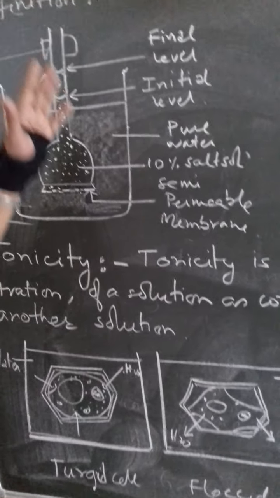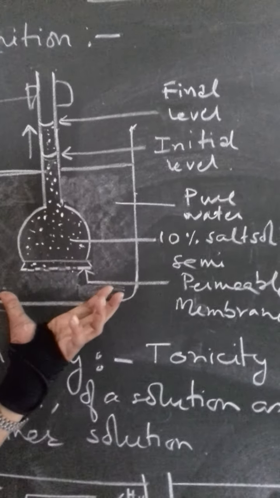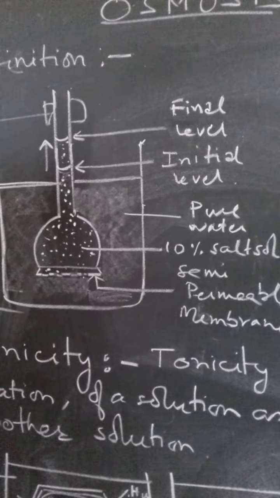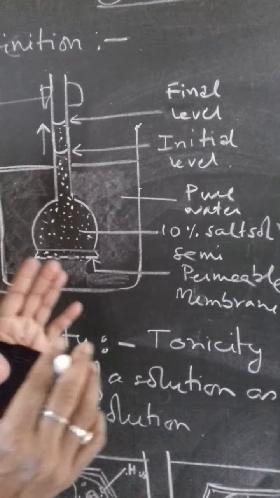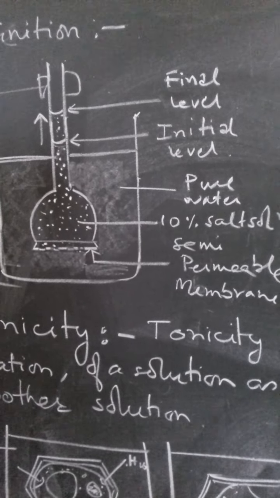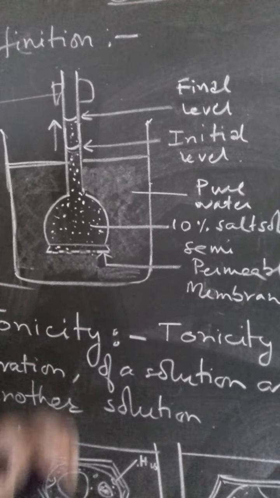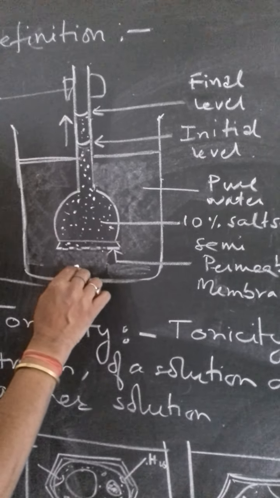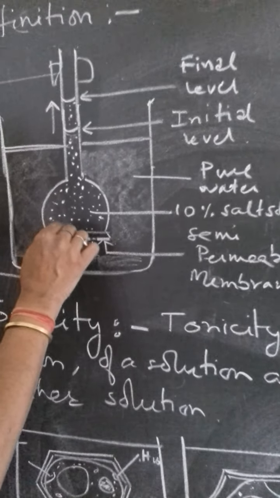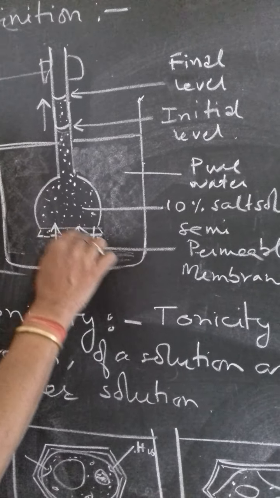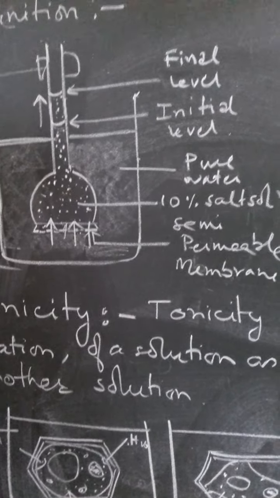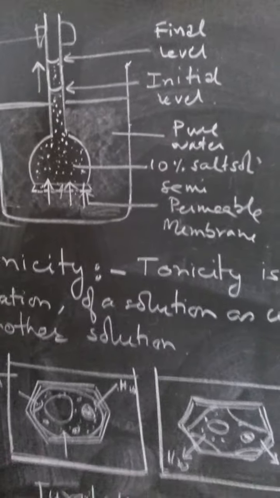Now how long will it rise? It will go on rising until the osmotic concentration becomes equal on both sides. That is theoretically, but practically it doesn't occur. So what actually happens is that water moves through the semi-permeable membrane inside, so that the level of the solution rises.